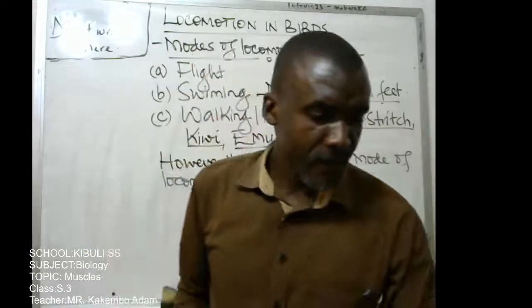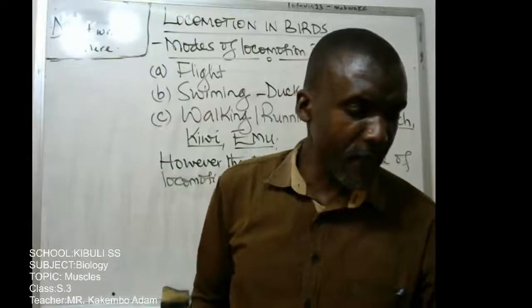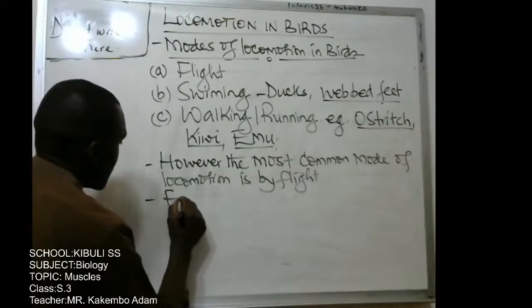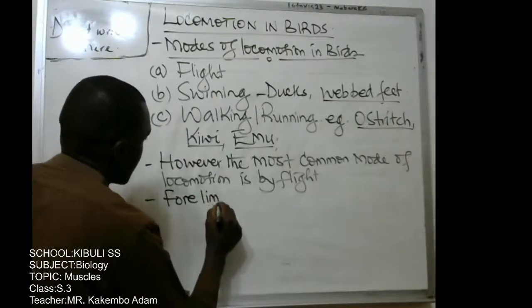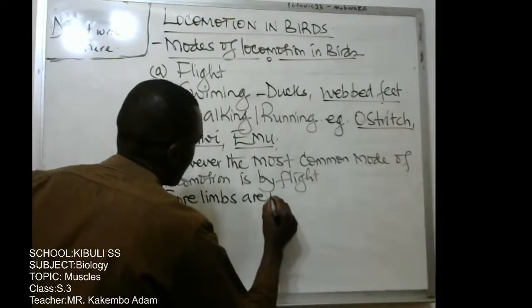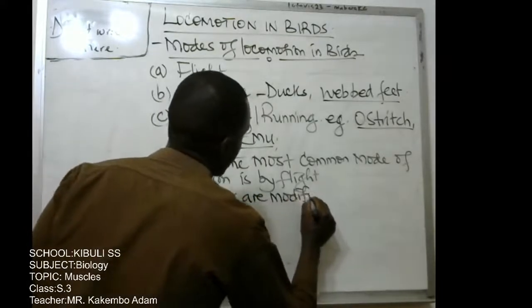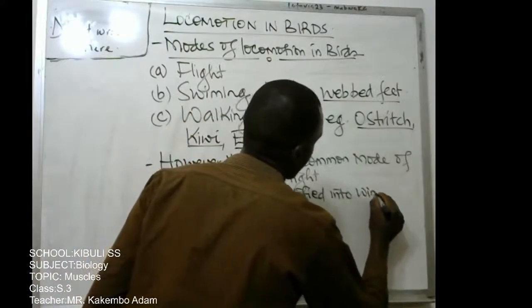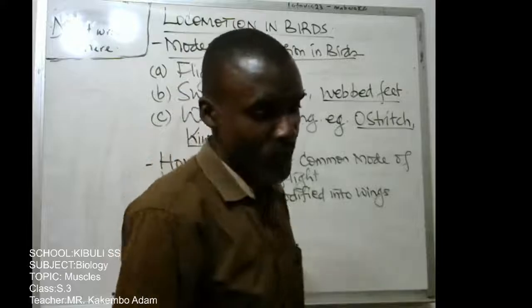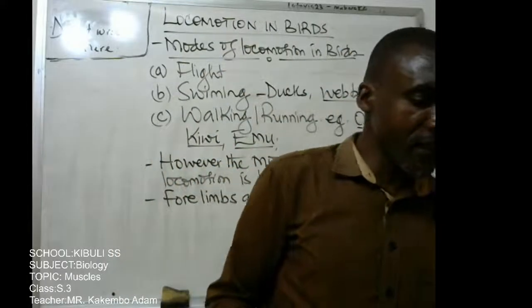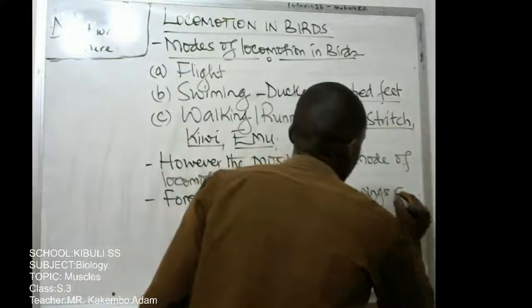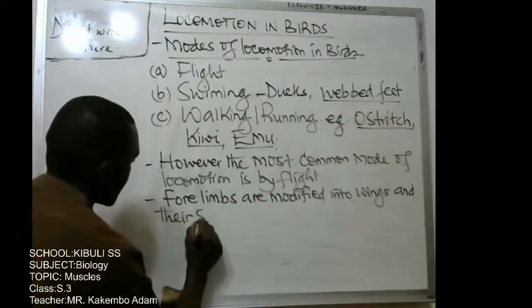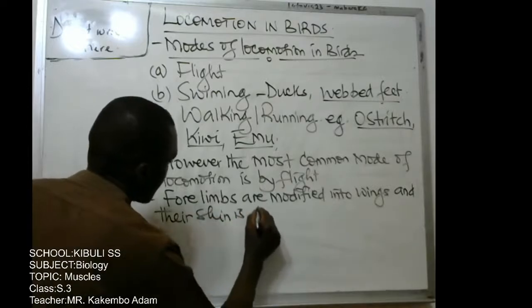Then in birds, the forelimbs are modified into wings. Take note. The forelimbs are modified into wings. And their skin is covered with feathers.